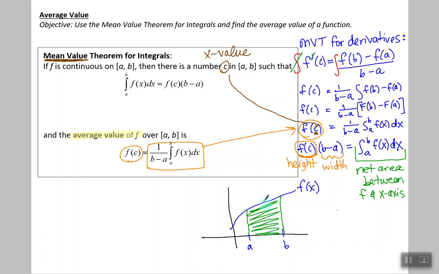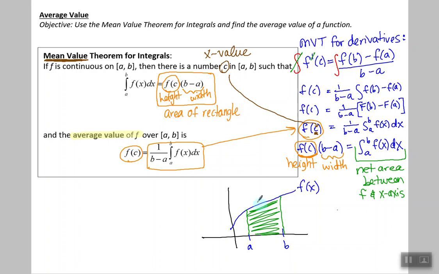We are multiplying a height times a width, which gives us the area of a rectangle. Running out of room here, so let's note that up here: f of c being the height and b minus a being the width, multiply height times width, and you get the area of a rectangle. The area of the perfect rectangle.